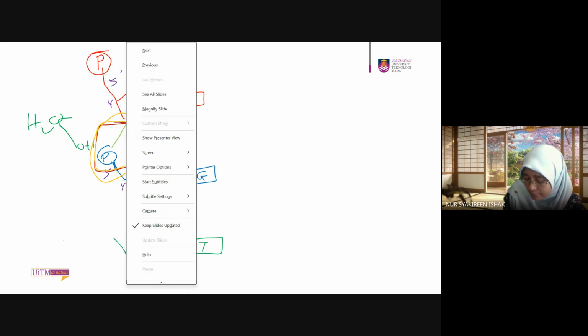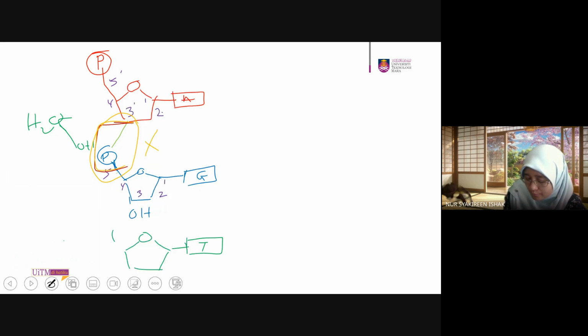Carbon number 5 is bonded to its phosphate, so you just remove the OH and attach the two nucleotides together. So between carbon number 3 and carbon number 5.